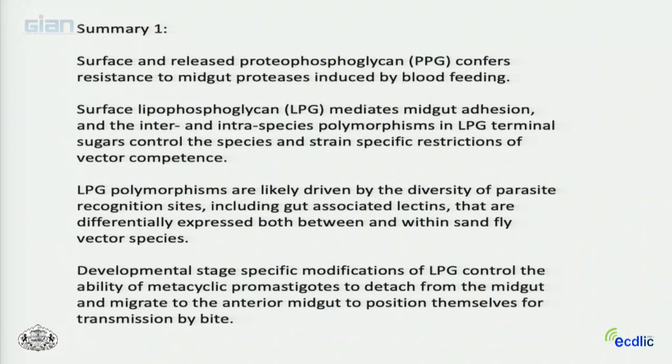And then lastly, I mentioned this proteophosphoglycan structure is a constituent of this biological plug, which is probably required for the regurgitation of parasites into the skin when the fly takes another feed. Why don't we just stop for a bit, and I'll take questions if you have any questions about any aspects of this vector biology.